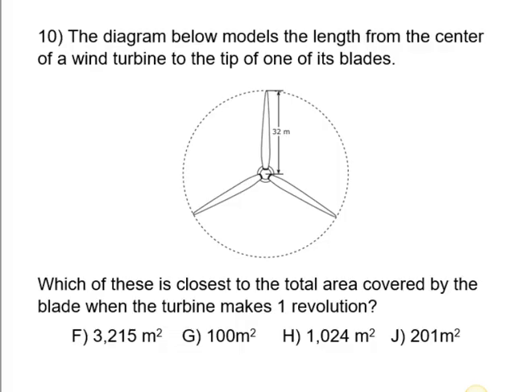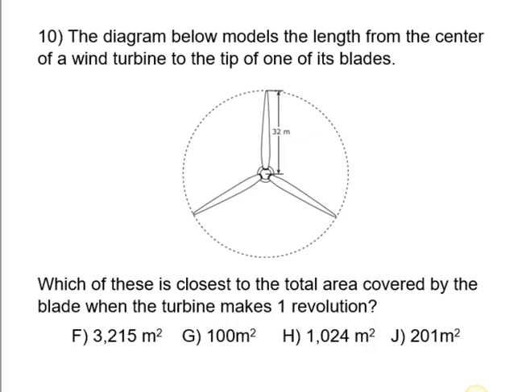The diagram below models the length from the center of a wind turbine to the tip of one of its blades. Which of these is closest to the total area covered by the blade when the turbine makes one revolution?